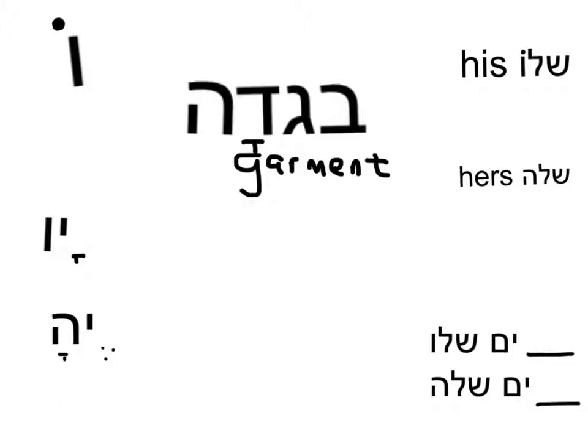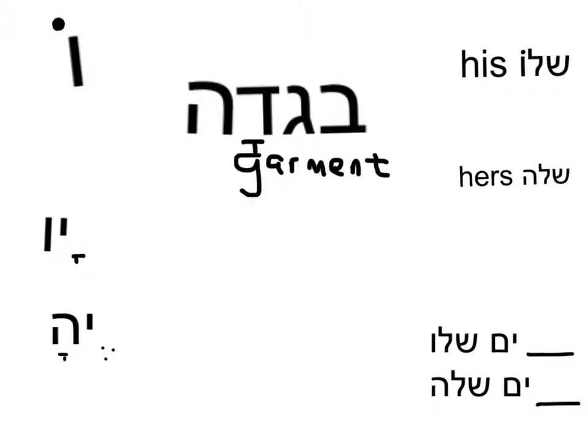We know how to say beged for him and beged for her. Beged shalo is whose garment? His garment. And beged shala, or bigda, is whose garment? Her garment. Okay, so far so good. We've scrambled beged 2 ways. His and hers.